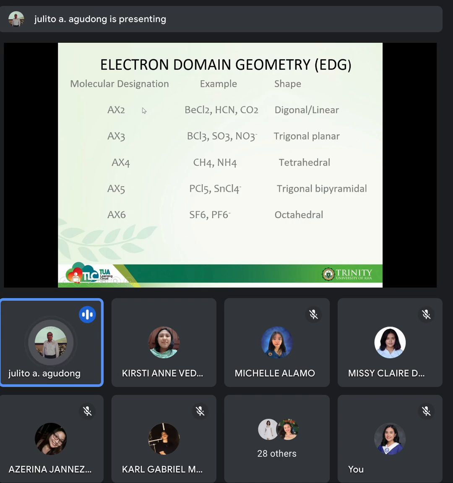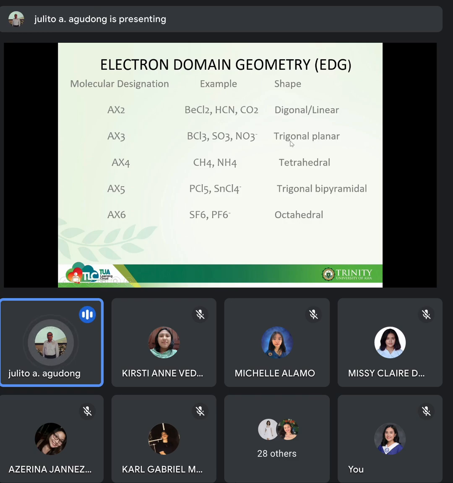AX3: there are 3 atoms surrounding your central atom, right? The shape is trigonal planar.